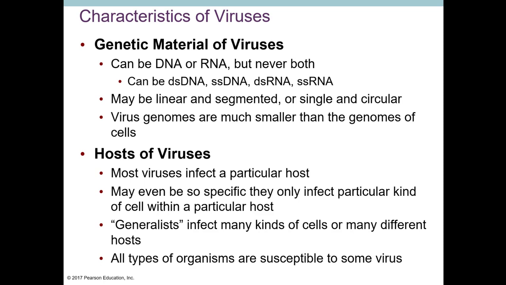A lot of times the chromosome is just a single molecule, but there are some, for example flu virus, that have many segments or many chromosomes. We call that segmented when there are many separate strands of nucleic acid. A lot of viruses, though, have just a single chromosome. Now, virus chromosomes are very small. They're much smaller than the chromosome even in a bacterial cell.